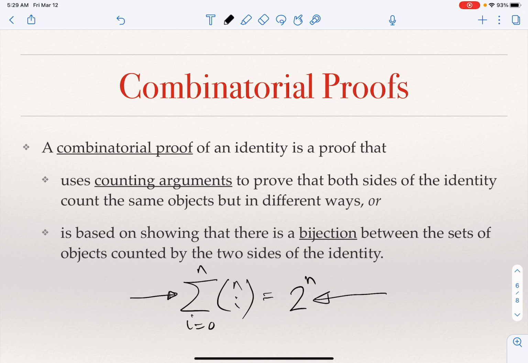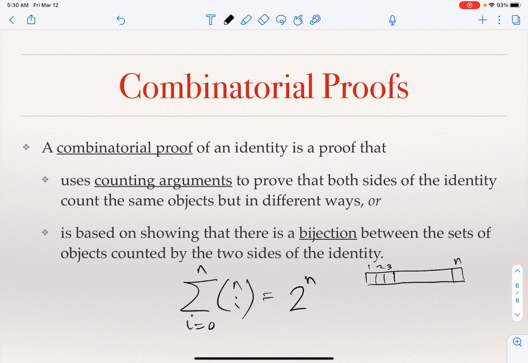So for this specific one, that the sum from I equals 0 to n of n choose I equals 2 to the n, I can say a counting argument is that I am interested in counting the number of subsets of a set of size n. Here's one way to count such a number. I'm going to represent every subset as a binary vector of size n.